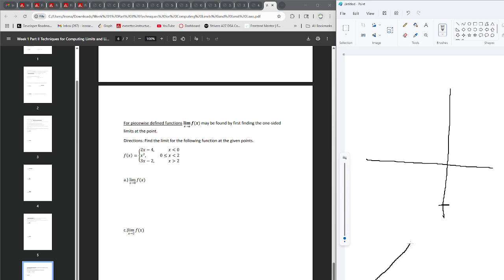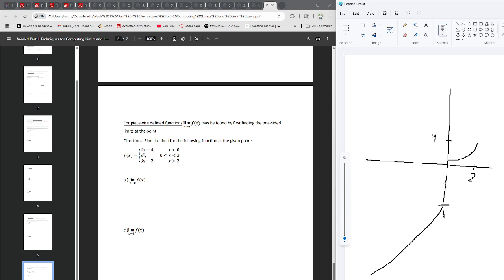I should probably start from the start, like that. It's not supposed to be that curvy, but it's okay. And then x squared for x greater than or equal to 0, less than 2. So let's just say this is 2. This goes up here until 4. And then 3x minus 2.